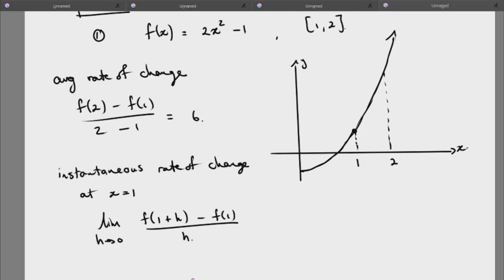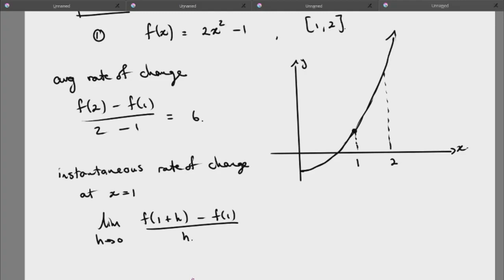That setup, that limit, you have to memorize. Limit as h goes to 0, f of a plus h minus f of a over h. Write it 10 times, do whatever you need to do, but you just memorize it.